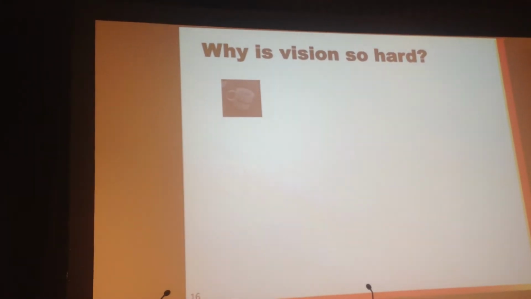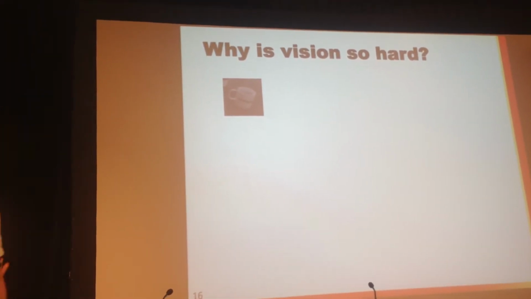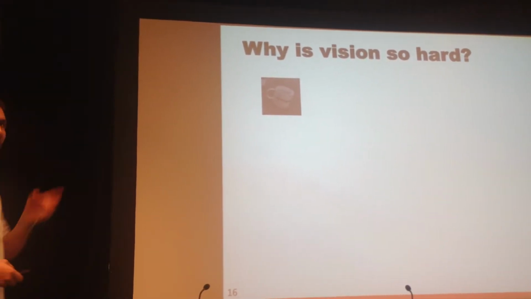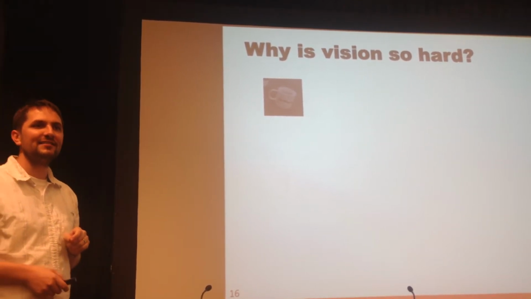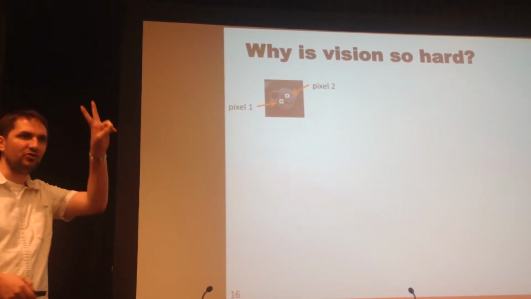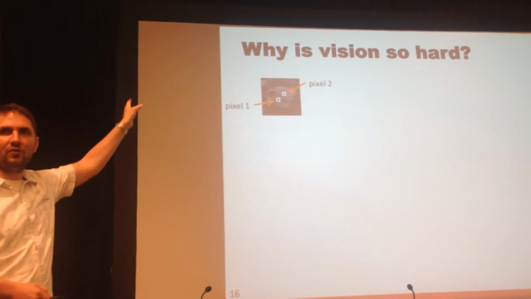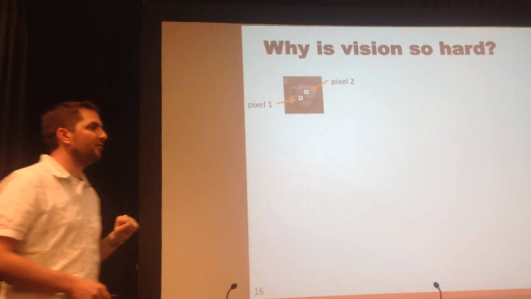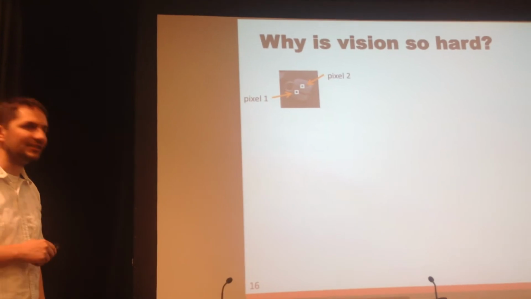So to see at a cartoon level what the problem is here, I want to take the extreme case. So instead of thinking about this coffee mug as represented by like 1,000 intensities, let's just represent it using only 2. So we're just going to take this coffee mug, and instead of trying to think about the whole thing, we're just going to represent that entire image with only 2 numbers. And those 2 numbers are going to be the intensities of the pixels at these 2 locations.